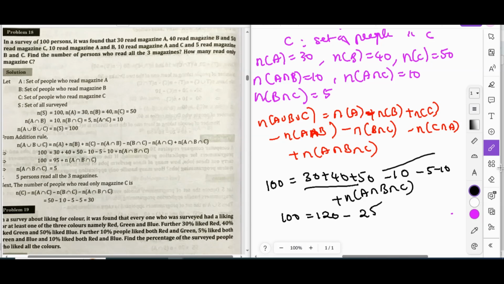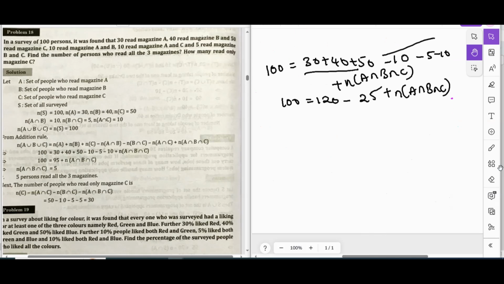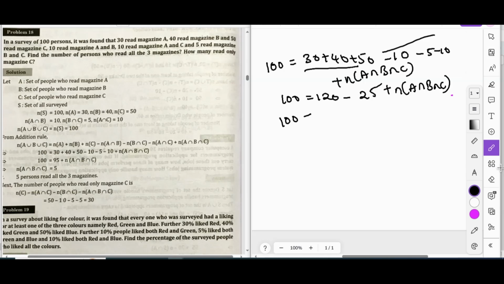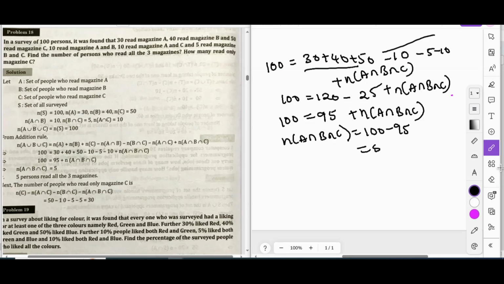We add the like terms plus N of A intersection B intersection C. So doing the operation, we get 100 equals 95 plus N of A intersection B intersection C. So now N of A intersection B intersection C will be 100 minus 95. So the common term is 5. Okay. Then they are asking you to find how many read only magazine C.